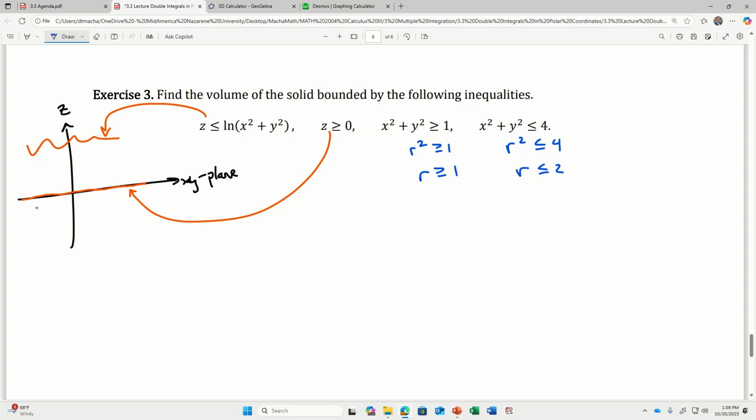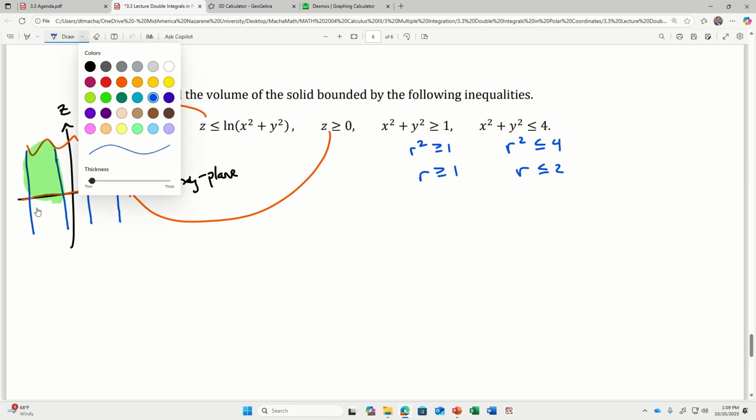So in other words, there's going to be some annular space. There's going to be a hole cut out here where I don't care about the stuff that has a distance from the z-axis less than 1, but I do care about the stuff that is between 1 and 2 units away from the z-axis.